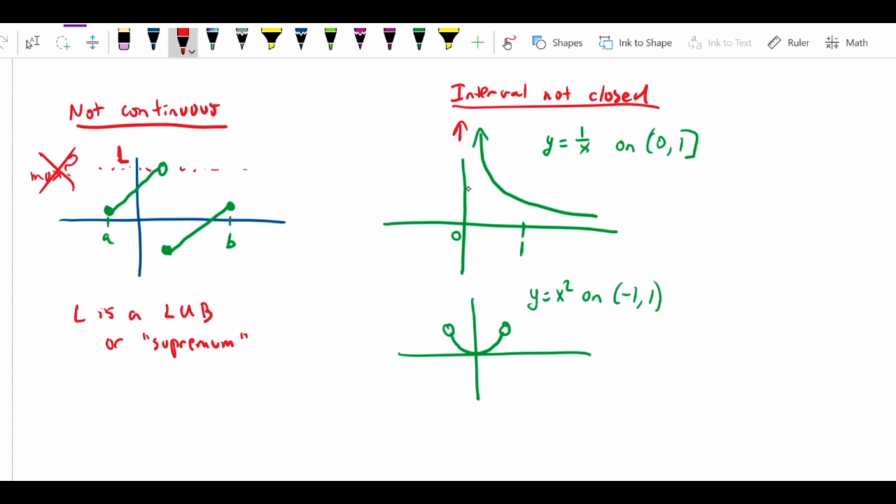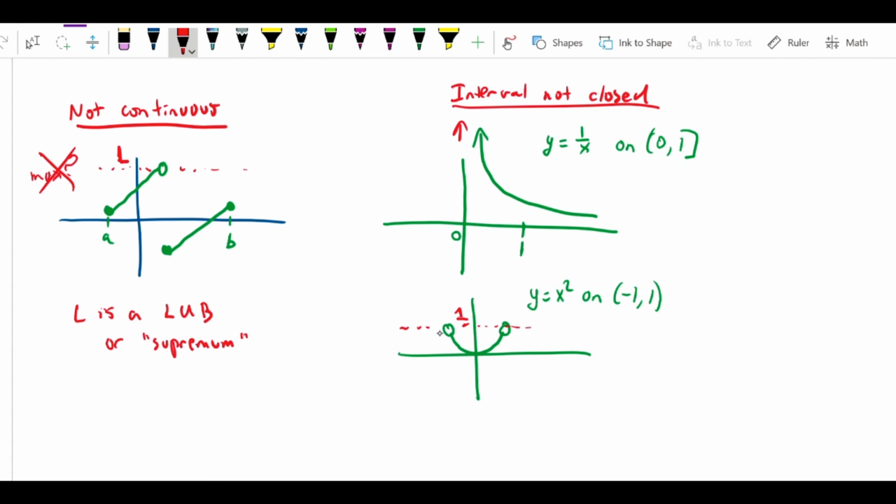And then on the bottom, I put in another example of this. Here we have y equals x squared, and we see that if I limit its domain to the open interval -1, 1, then for the same reason as in this example here, 1 might be the upper bound on the function, but x squared never attains the value 1 on the open interval -1, 1.